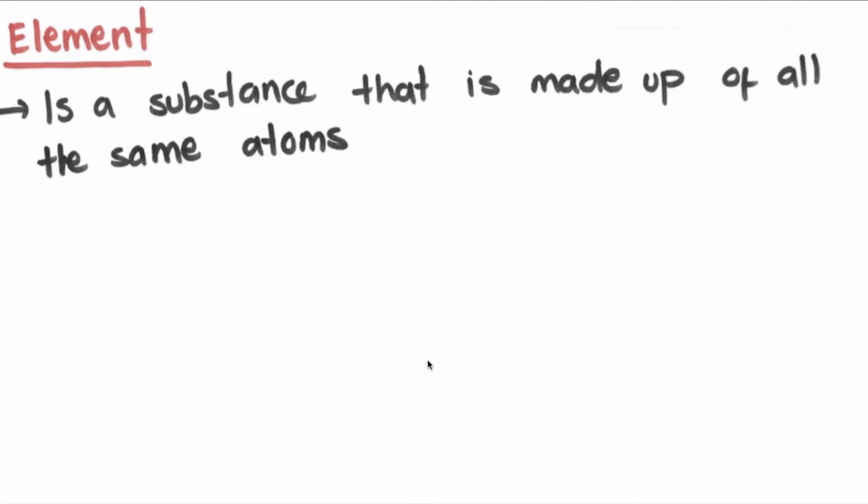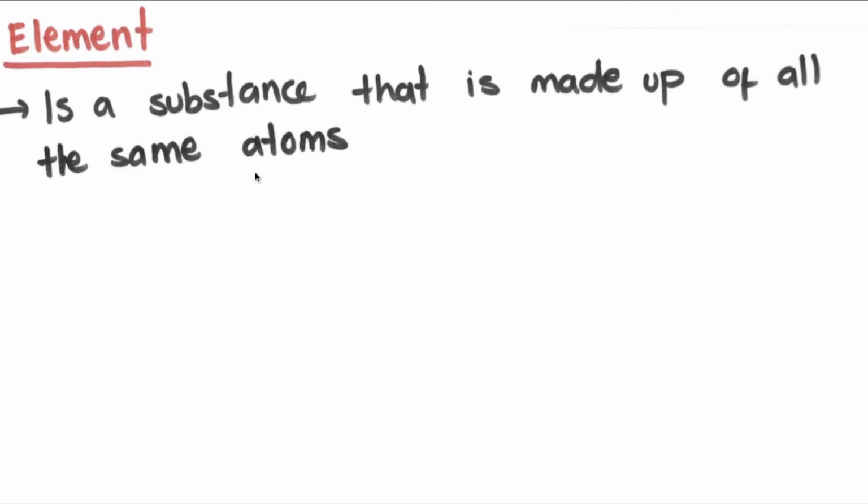So the second concept that you need to learn is about what is an element. And I already talked about what is an element just before when I talked about atoms. So an element is a substance that is made up of all the same atoms. Exactly what I just said, okay? So each element only has one specific type of atom.